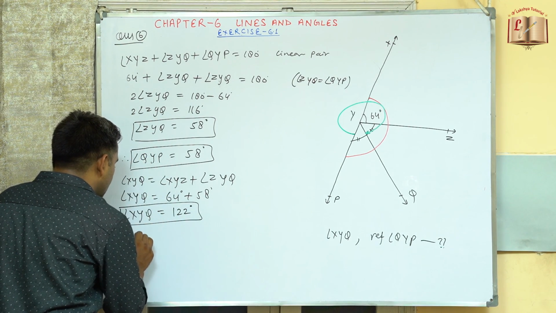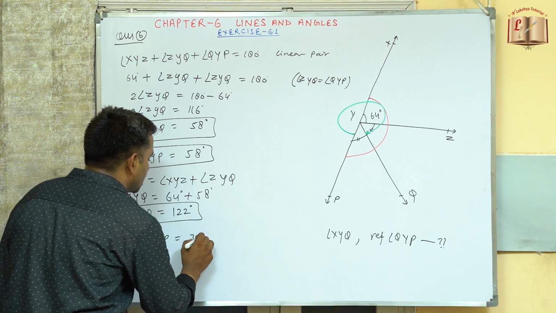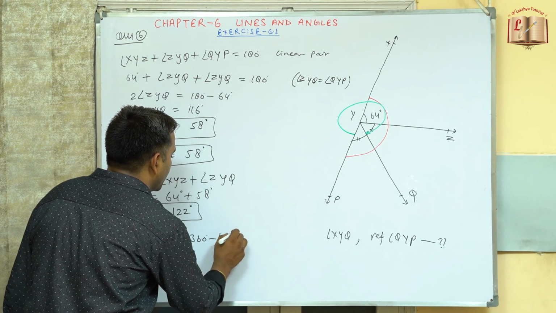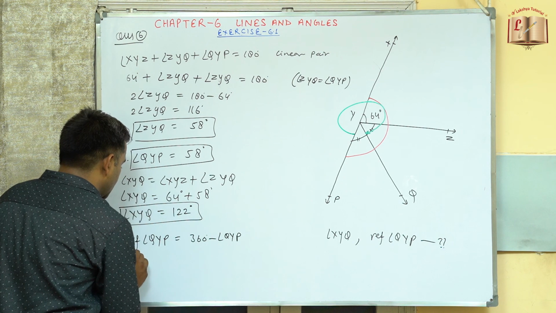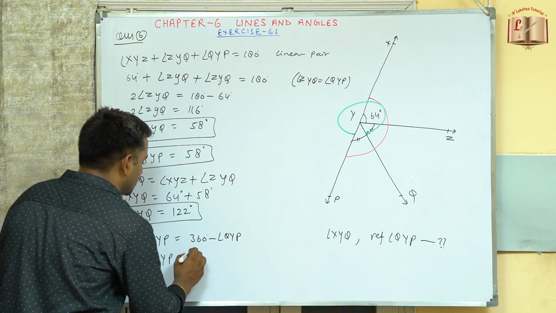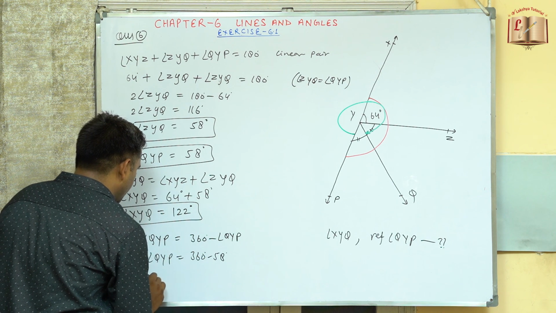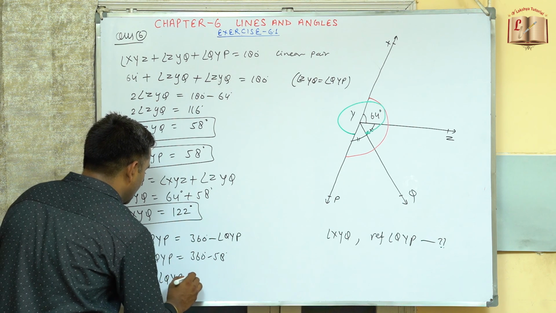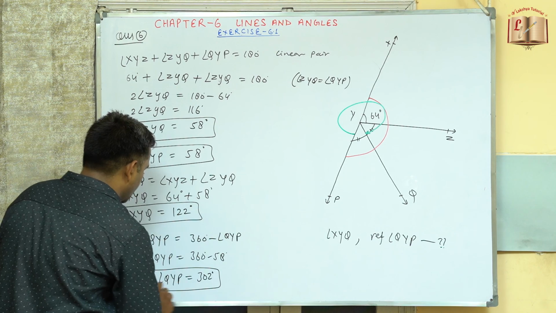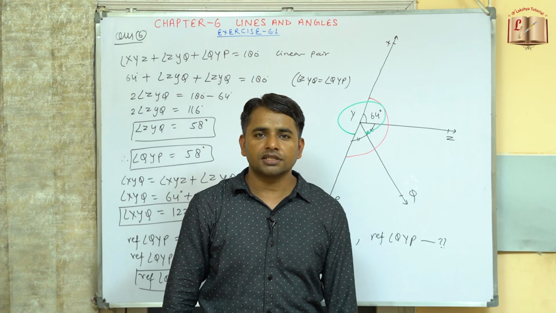So reflex angle QYP will be equal to 360 degrees minus 58, so reflex angle QYP is 302 degrees. So we got all of our answers. This way we have completed our exercise 6.1.